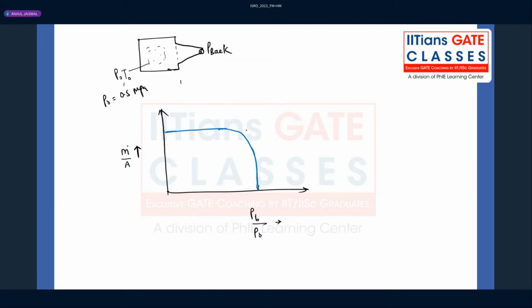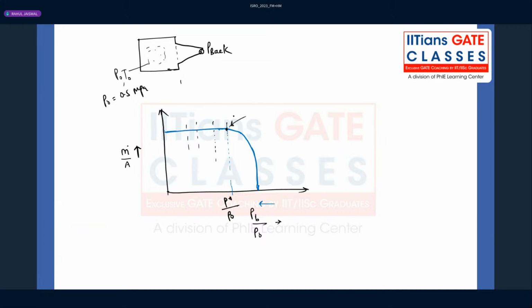Now, what is this particular condition? When you start reducing the back pressure, generally the mass flow rate will start increasing because the driving force will start increasing. But you reach a certain condition, P star by P naught, that is called the choking condition. If you reduce the pressure further, the mass flow rate will not increase, it remains constant.